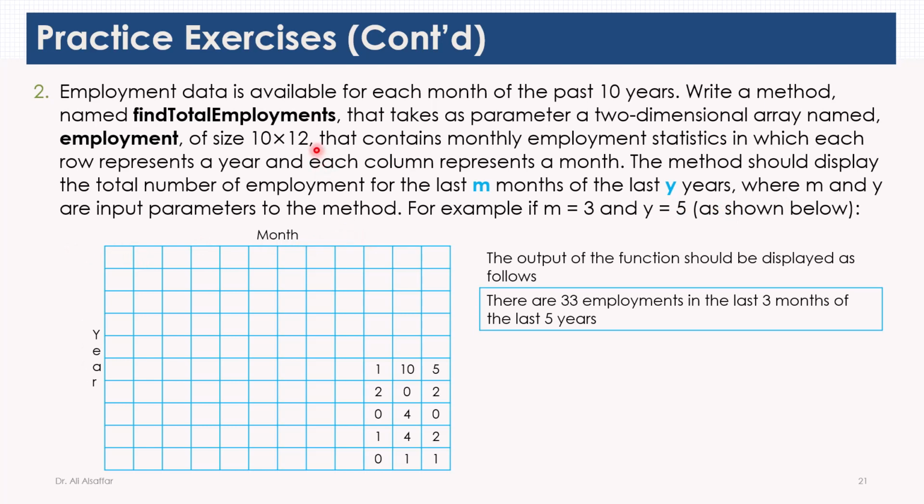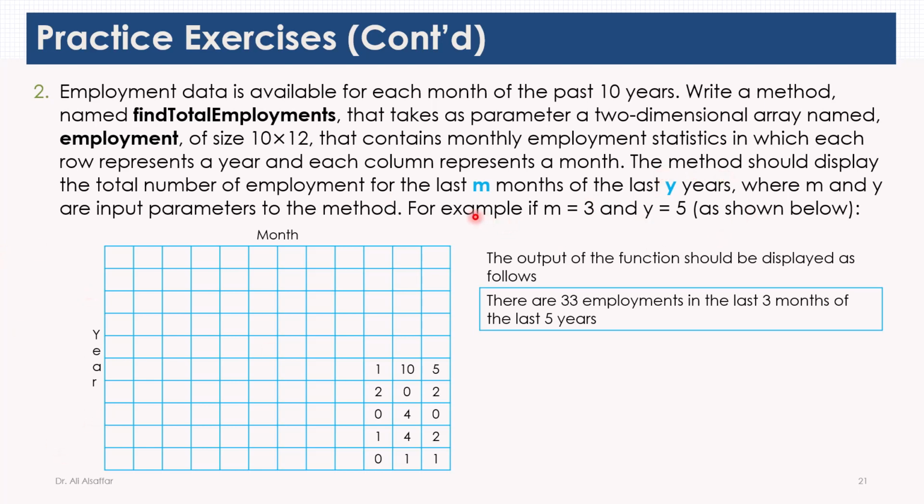In addition to the two-dimensional array employment as an input parameter, there are two other parameters that we should supply to the method. Both of them are integers. The first one represents the month and the second represents the year. So the month means the column, and the year means the row.